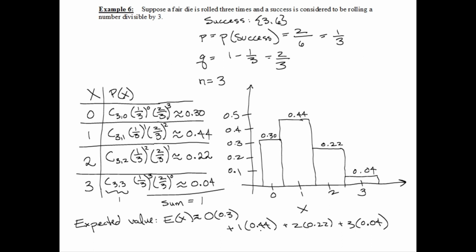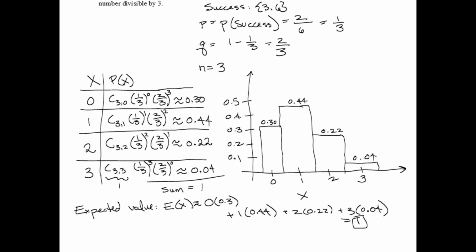And so this will turn out to be 1 in our case if we used exact values. If you think about it, does that seem reasonable? Probability of success is 1/3. We roll it 3 times, so how many of those 3 would you expect to be a success? I would think 1. And that turns out to be the case.